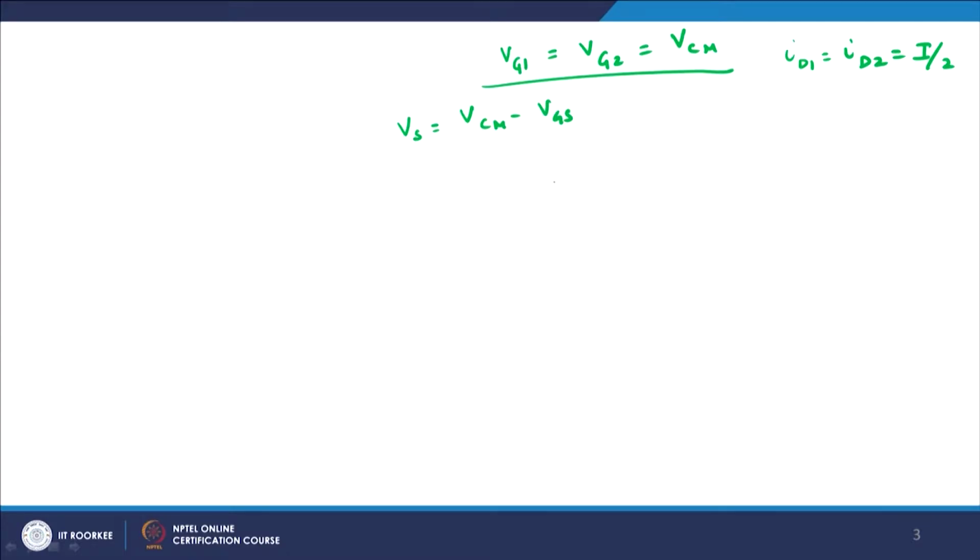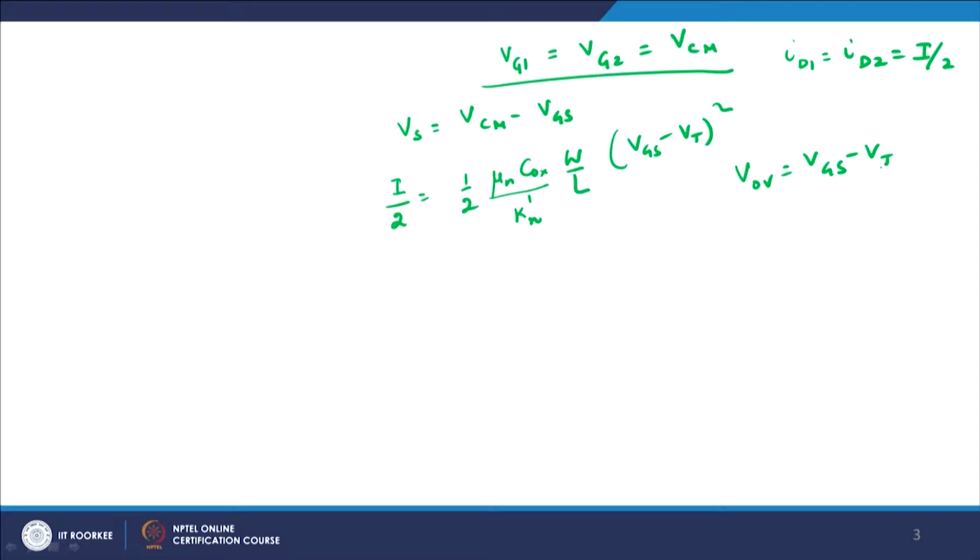So, VCM minus VGS, then I get I by 2, therefore current equals 1 by 2 mu n C oxide W by L, which is the process transconductance parameter we have already seen, into VGS minus VT whole square. This can also be written as Kn prime to a larger extent, where we can write V overdrive equals VGS minus VT, known as the overdrive voltage, right.